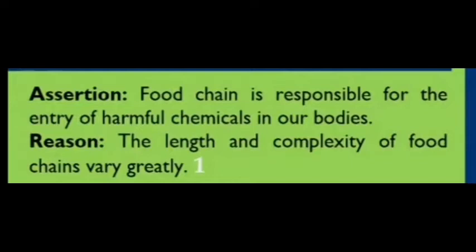so on. If in the producers itself the level of harmful chemicals is high, it enters into the primary consumers when they consume the producers and then to the secondary and tertiary consumers. And the level of chemicals will be more in the tertiary consumers, and this is what we call biological magnification.